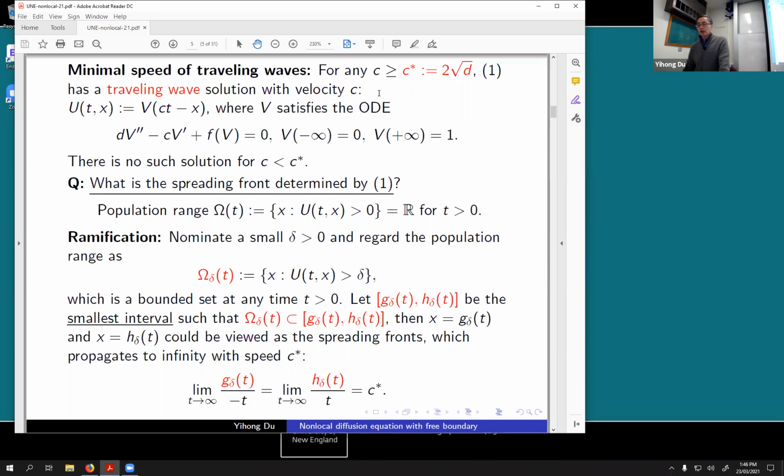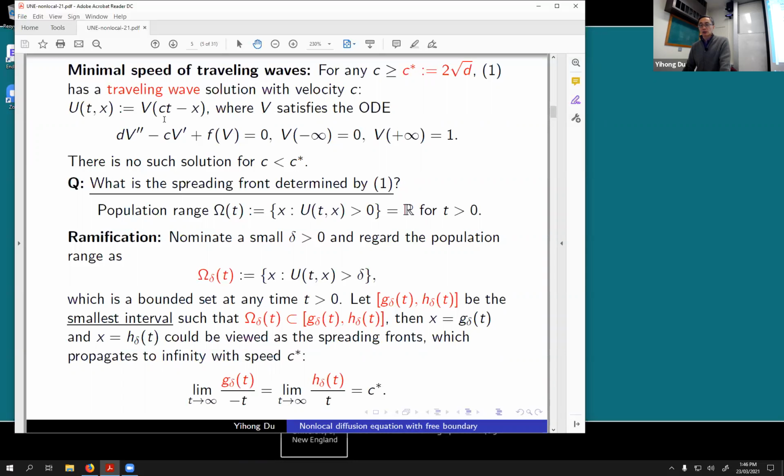They proved that for C greater than or equal to C star, you can have this kind of self-similar solution. And for C less than C star, you don't have such a solution. And this kind of solution, of course, has a name: traveling wave solutions, because the shape of this solution is determined by the profile function V. It's a one-variable function.